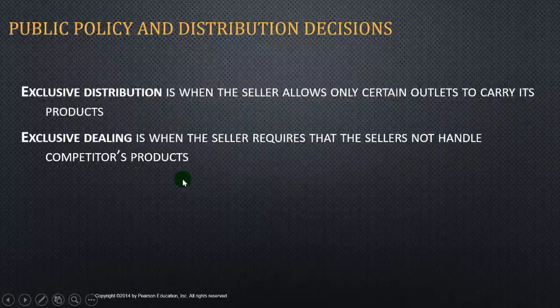The next one, exclusive dealing, is when the seller requires that the dealers not handle competitors' products. It means that, let's say we deal to sell Honda motorcycles, we cannot sell other brands like Yamaha, Suzuki, and so on. We can only sell the Honda brand. That's called exclusive dealing.